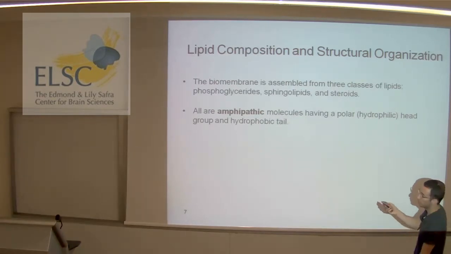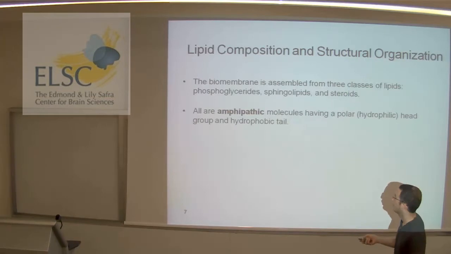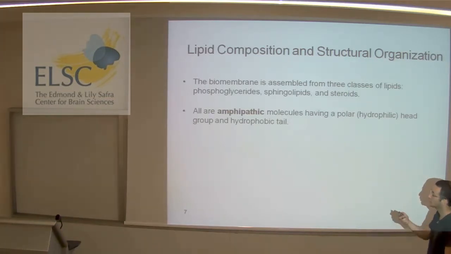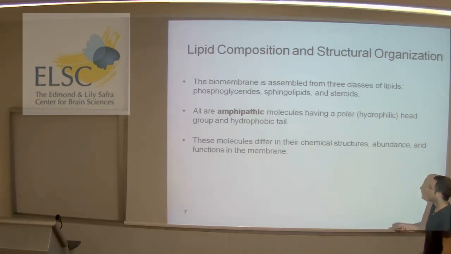All of them have the amphipathic feature we've mentioned, they have a highly hydrophobic region and a highly hydrophilic region. They differ in their chemical structure and in the characteristics that they give to the membrane.